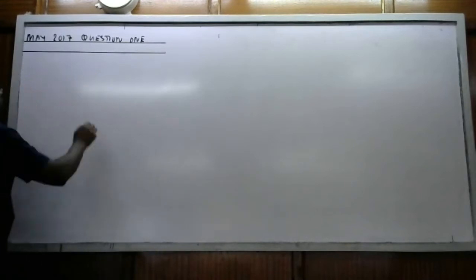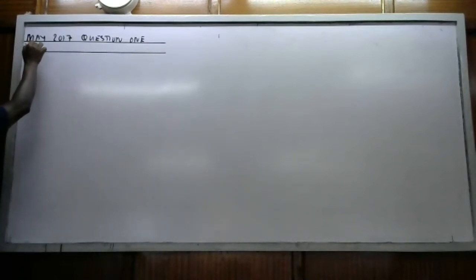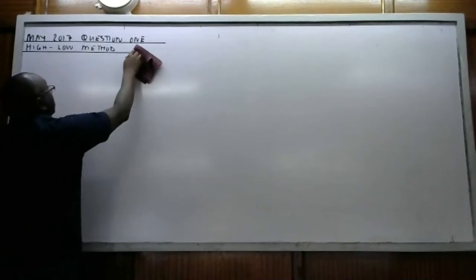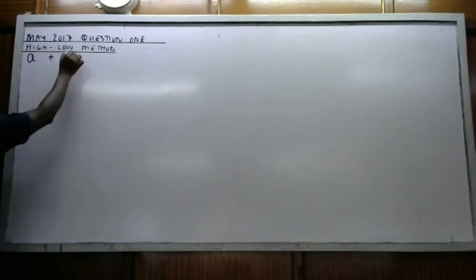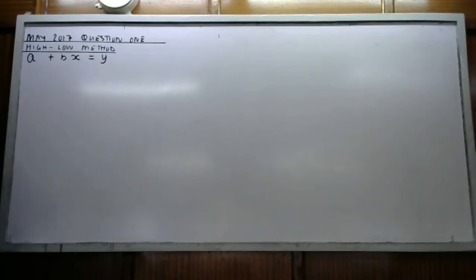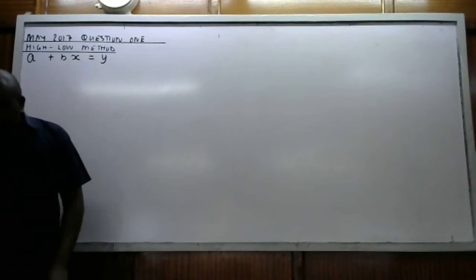So the high-low method. Using the high-low method, you are supposed to take A plus B X being equal to R. That is how you write the equation.